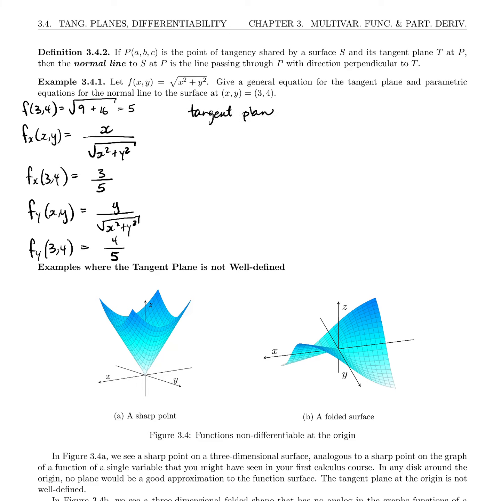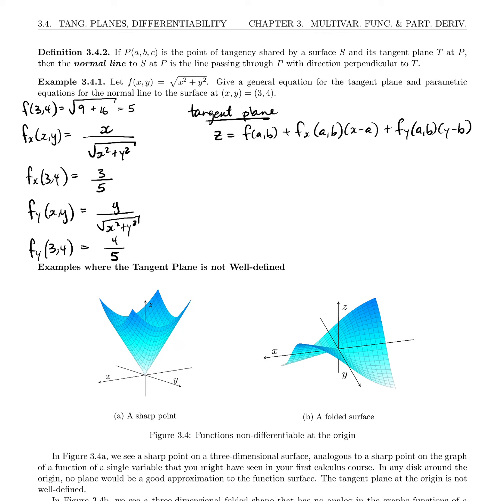We have a formula for the equation of the tangent plane, and that is z is f(a, b) plus f sub x of (a, b) times (x minus a) plus f sub y of (a, b) times (y minus b).